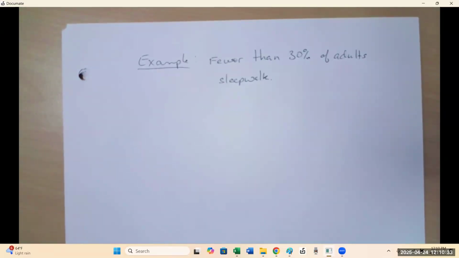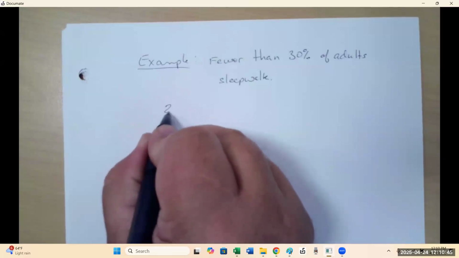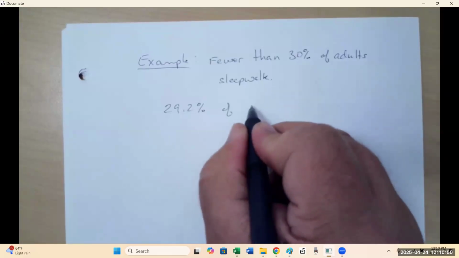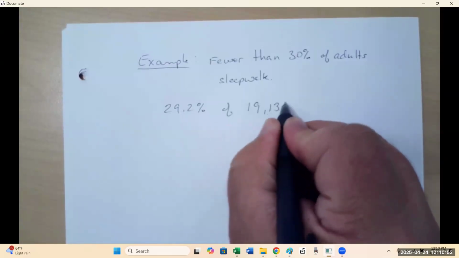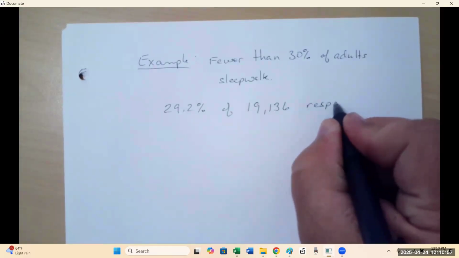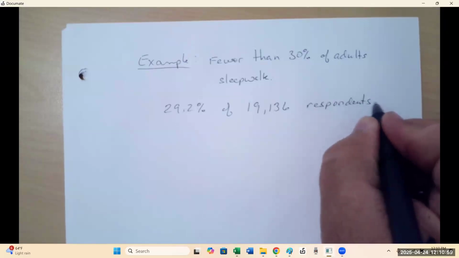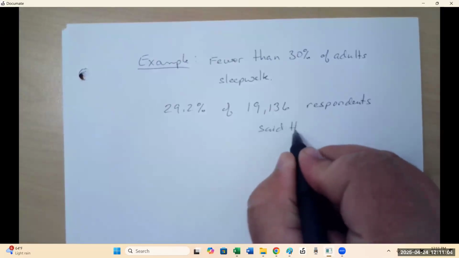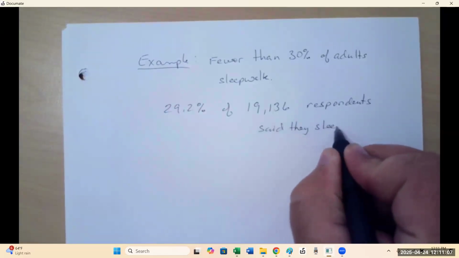So this is the statement. A study of sleepwalking or nocturnal wandering was described by Neurology magazine and included information that 29.2% of the 19,136 respondents said they sleepwalk.